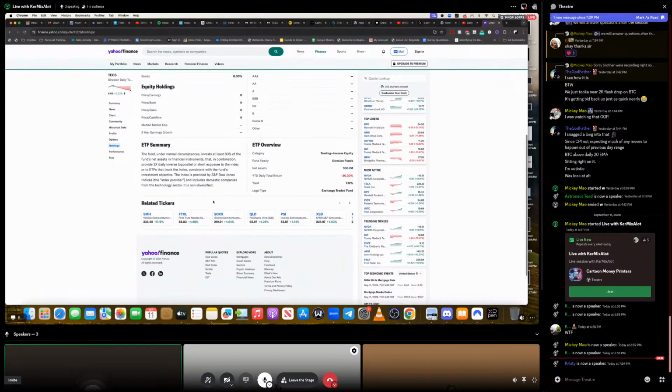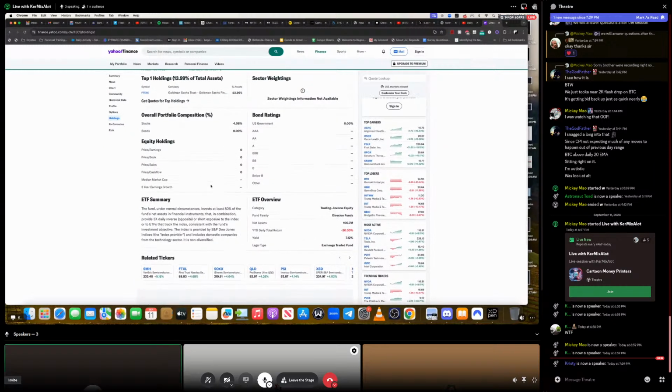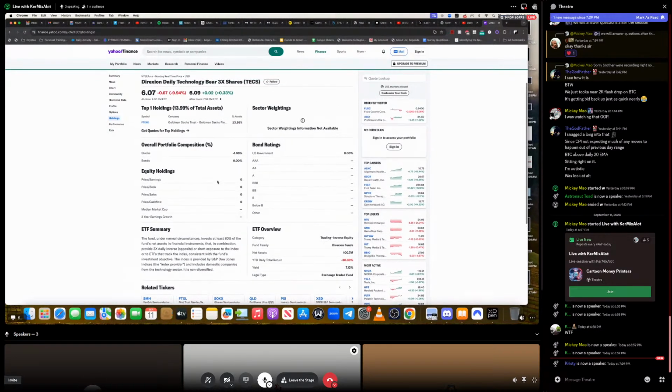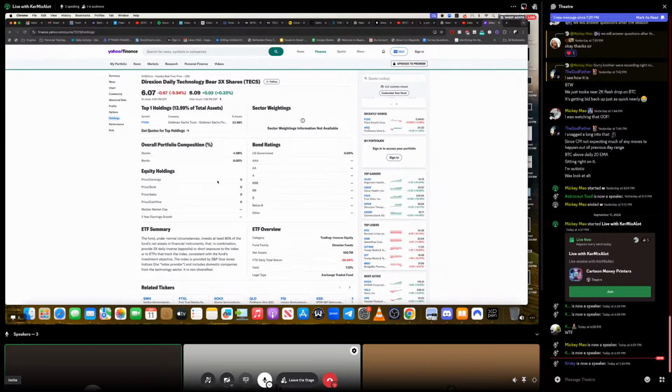It should have the list of the companies in here. But it invests 80% of its net assets in financial instruments that provide 3x daily inverse exposure to the index or the ETFs that track the index. It's not really giving us the main holdings. It's weird, they usually have a list.